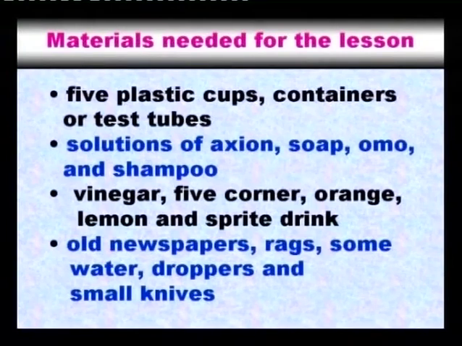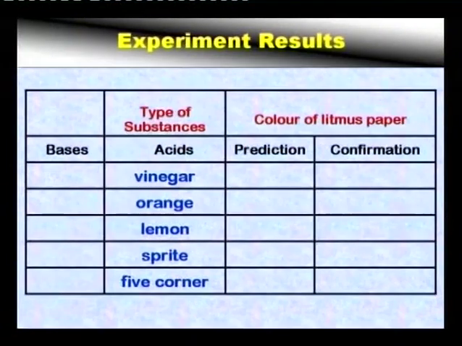Now, class and the receiving students, I'd like you to have a look at the table I have on the screen. The model class, you have yours on the paper. In the first column we have bases. Then in the second column we have type of substances, and these are the substances that you are going to use.